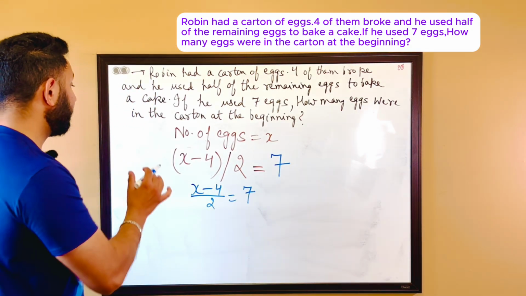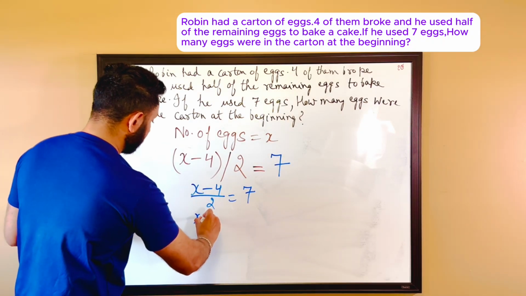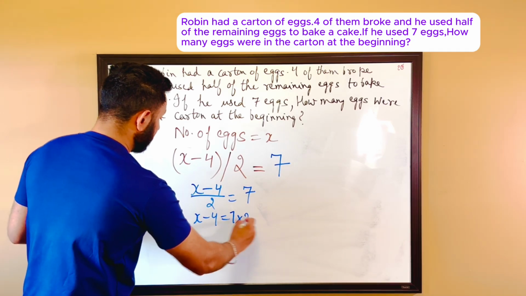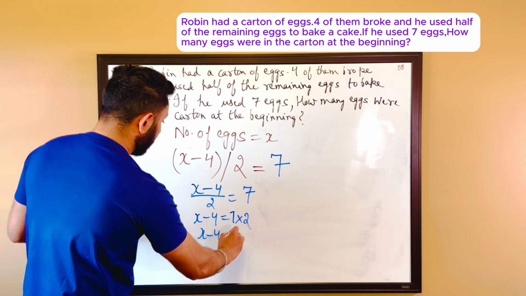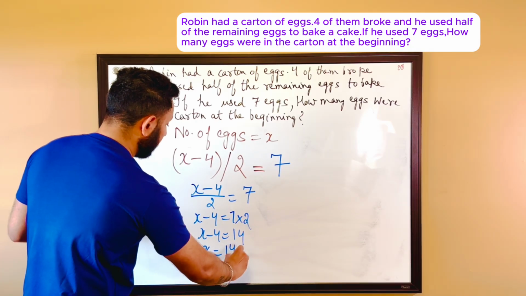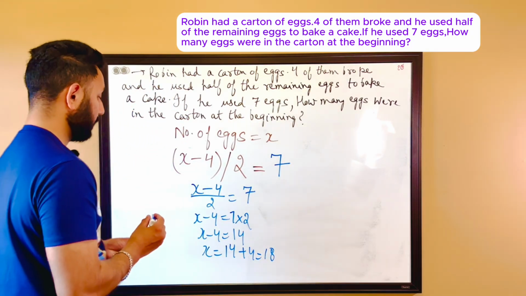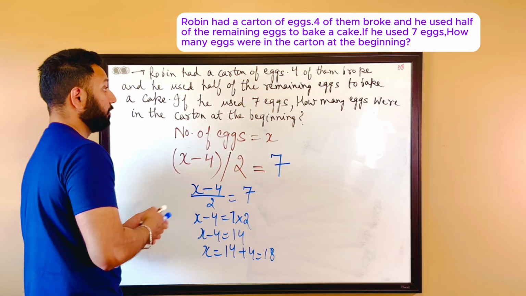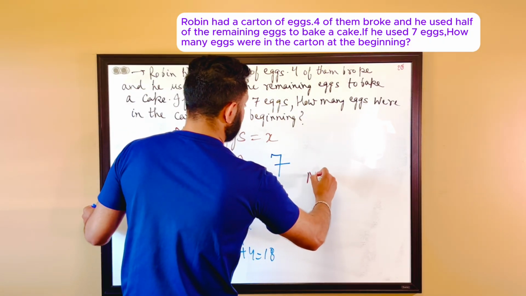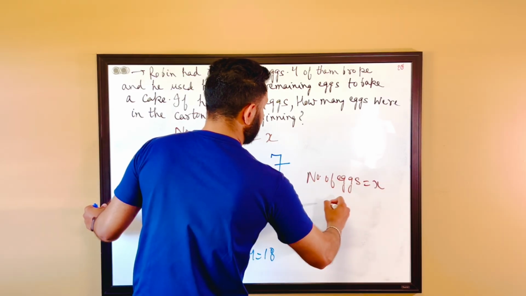Basically we're going to simplify this and find the value of X. So 7 into 2, X minus 4 is equal to 14. So X is equal to 14 plus 4, which is 18. So there were a total of 18 eggs in the carton at the beginning.